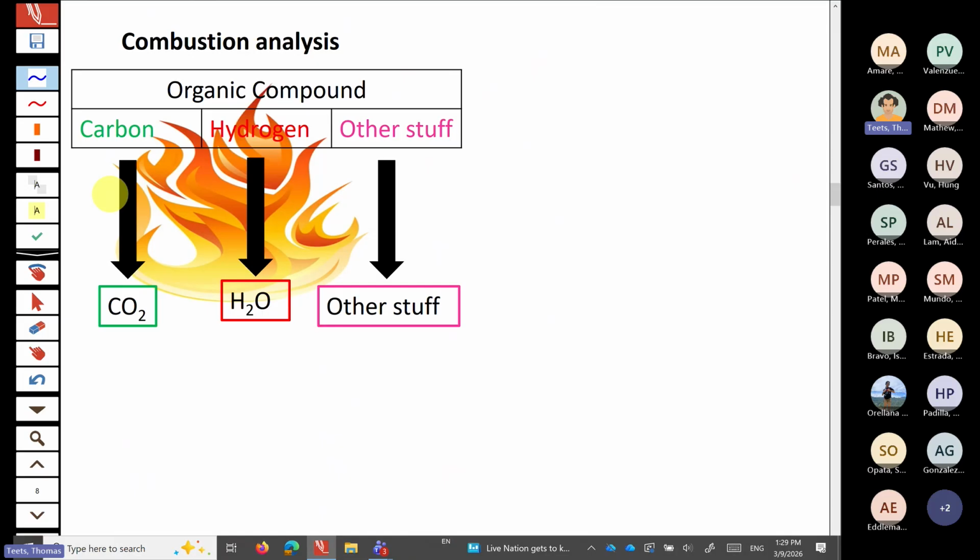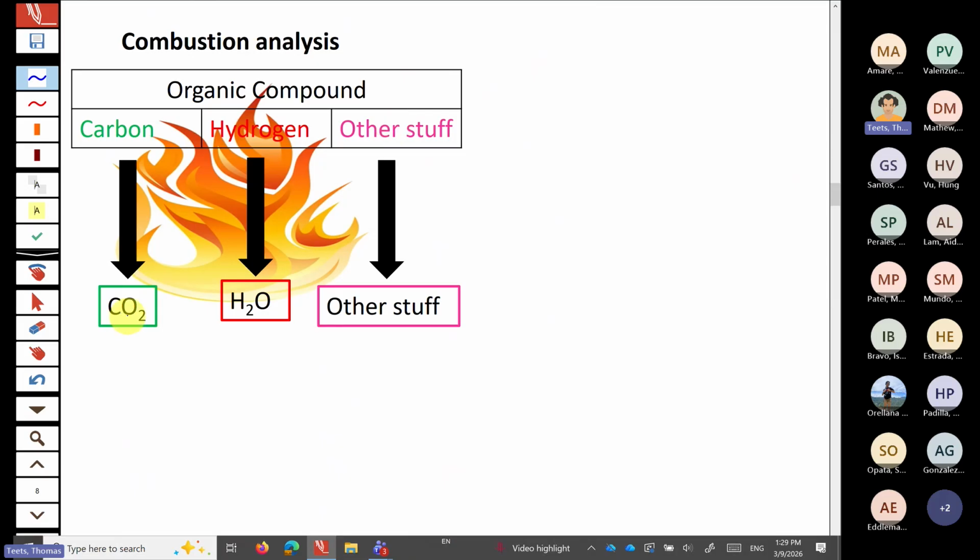One way that we can determine experimentally what are all the mass percents of the elements, and then how that eventually gets us to a chemical formula, is to do what's called combustion analysis. So basically you take an organic compound of some sort that you're trying to identify. Again, usually it has a lot of carbon, hydrogen, sometimes some other things in it, and you set it on fire.